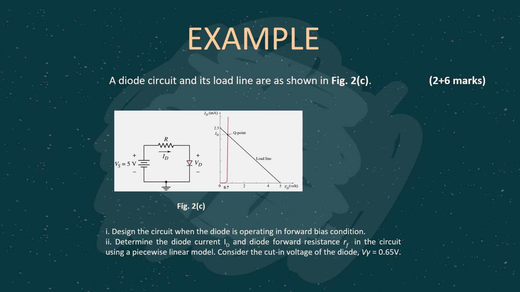In this case you are supposed to design the circuit when the diode is operating in forward bias condition, meaning you need to find the unknown circuit parameter, in this case the R value, because R is not given. Then the second task is to determine the diode current as well as the diode RF value, where V gamma is given as 0.65 volt.